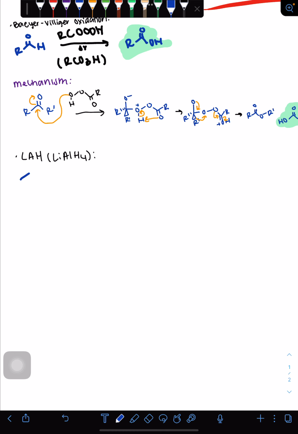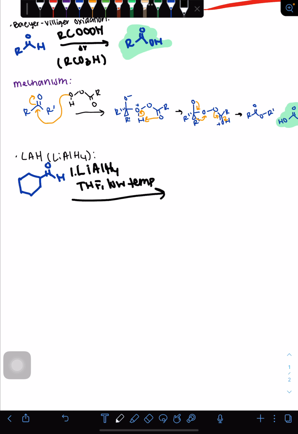So if we had this ring with a double bond and an H, react it with the LAH with THF at a low temp, and react it with H3O plus, we'd get the compound with the OH. This.